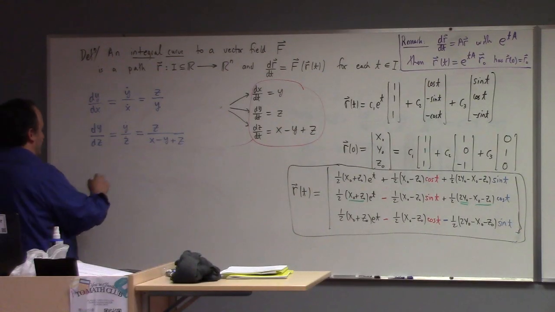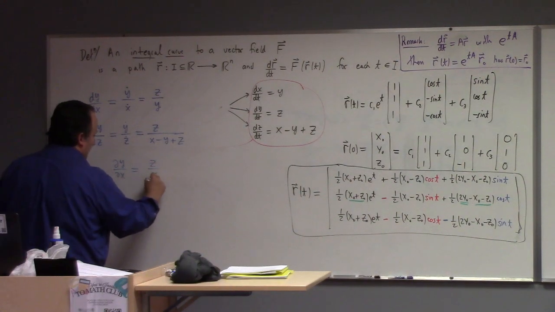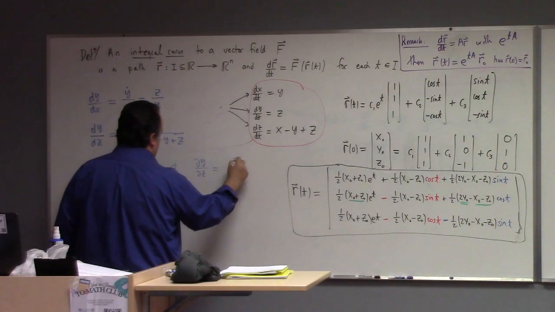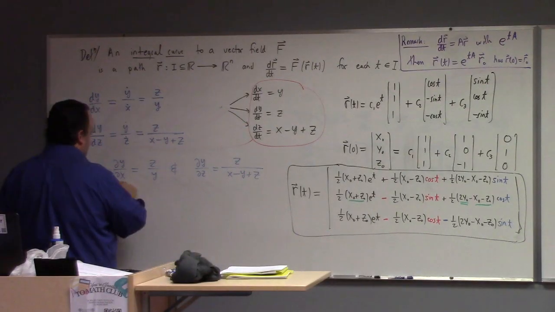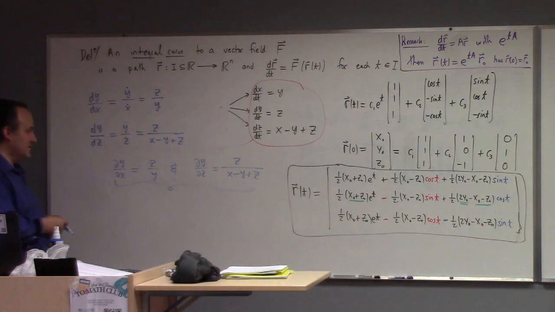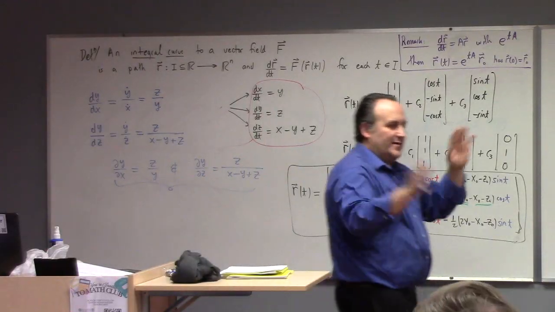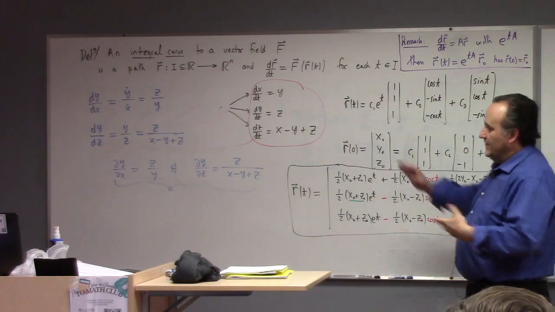What this really is, partial y, partial x is equal to z over y, and partial y, partial z is equal to z over x minus y plus z. If you could solve this pair of partial differential equations, then I think that solution probably, see, I'm still missing something. It's not just that though. Anyway, I'm actually just playing. So I really don't know the answer to this.